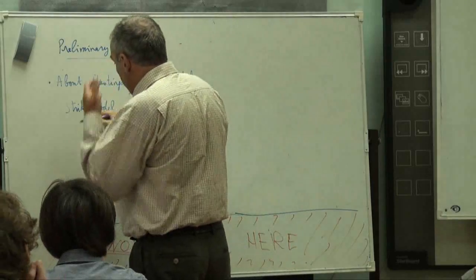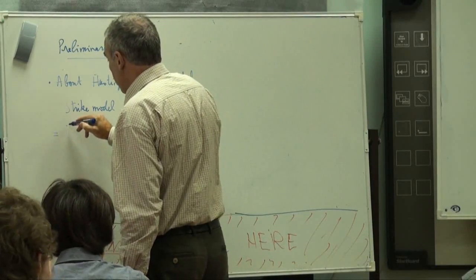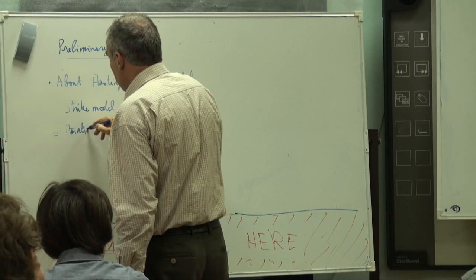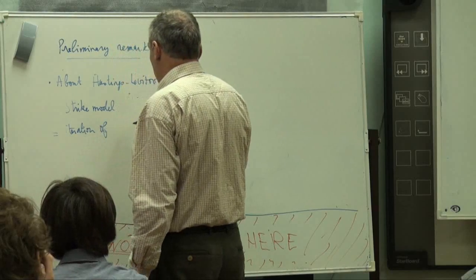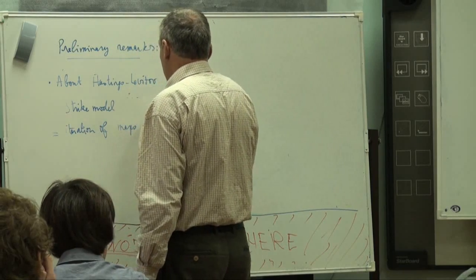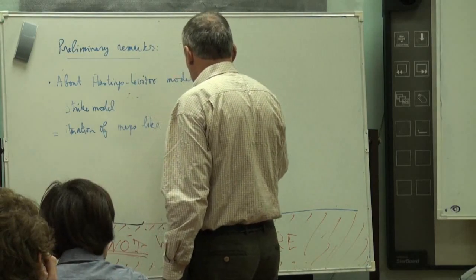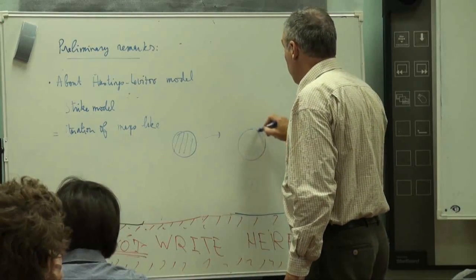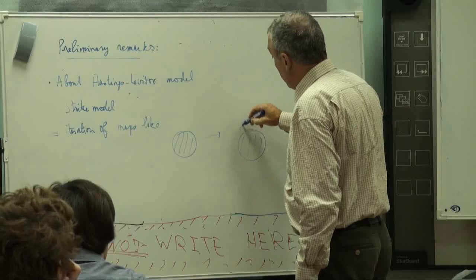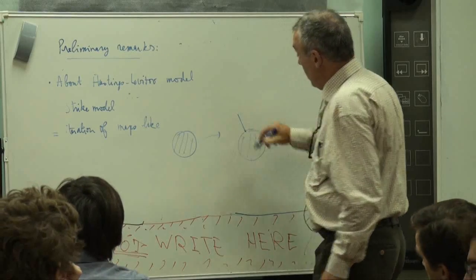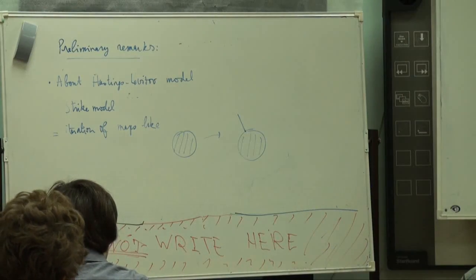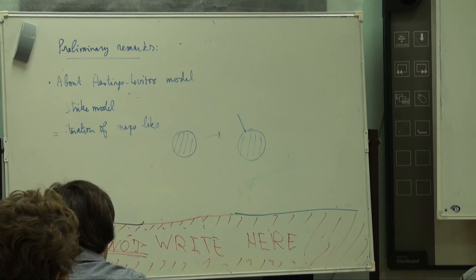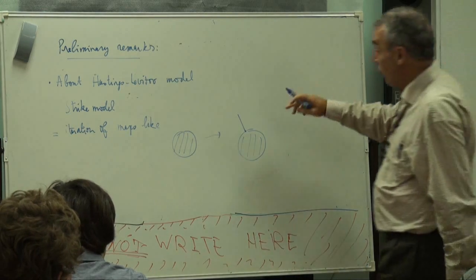So the strike model is iteration of maps, like, so you map the complement of the disk to the complement of the disk minus some little piece of external ray.